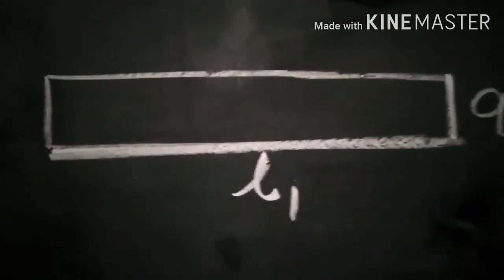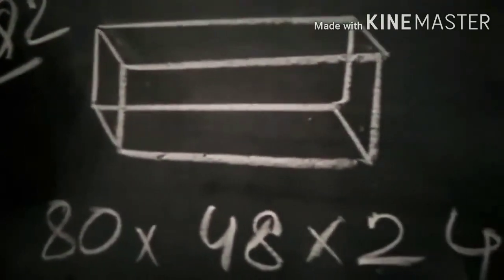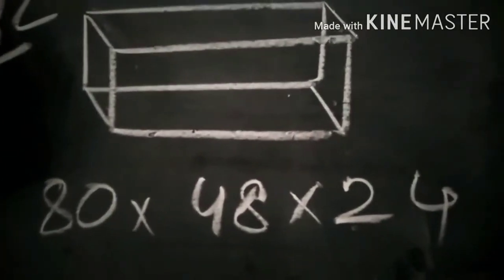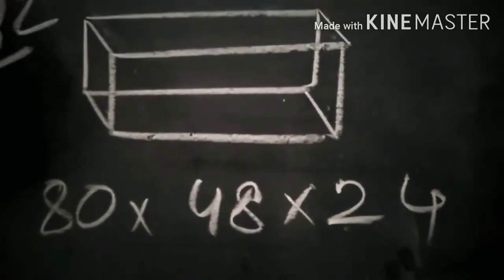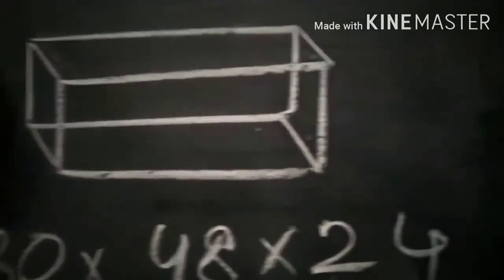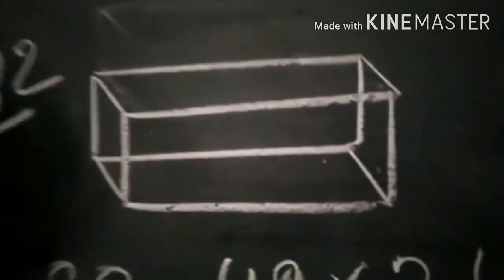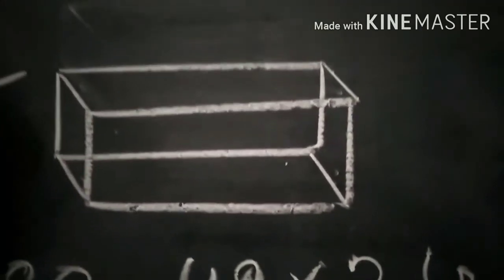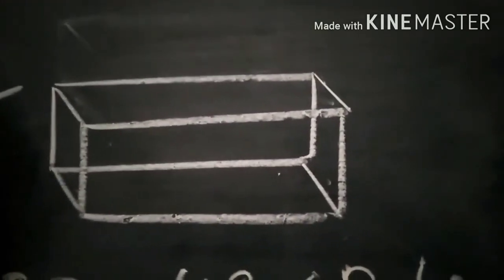The question is how much cloth is required for making the cover of this suitcase with this dimension, if 100 such covers are to be made. Now this piece of cloth is making the cover for the suitcase, so it requires the total surface area.